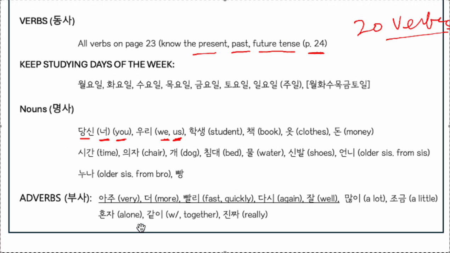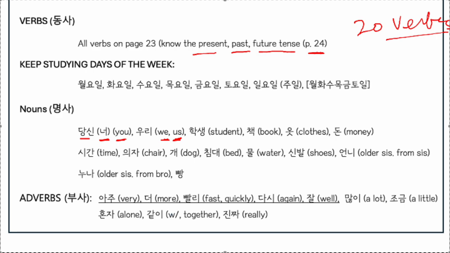More adverbs. The ones here, we already learned. I've only underlined the ones that are new. So 많이 is a lot. 조금, a little. 혼자, alone. 같이, together. 진짜, really. 아주, these are the new ones. 아주, very. 더, more. So let's say 커피 주세요 means please give me coffee.